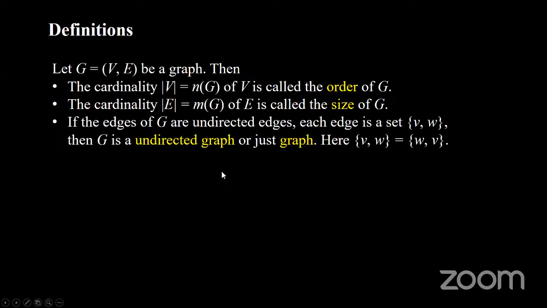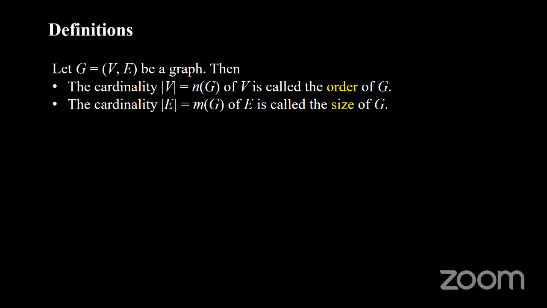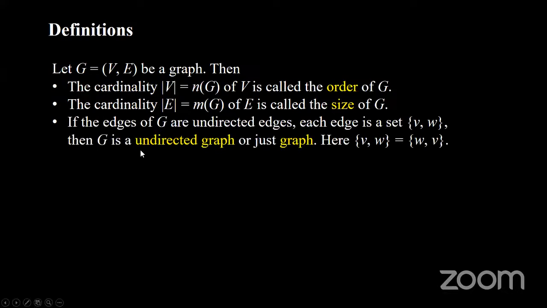Now, usually if we do not specify, then what we mean by graph is undirected. What is meant by undirected is that the edges have no direction. So it is the common graph.